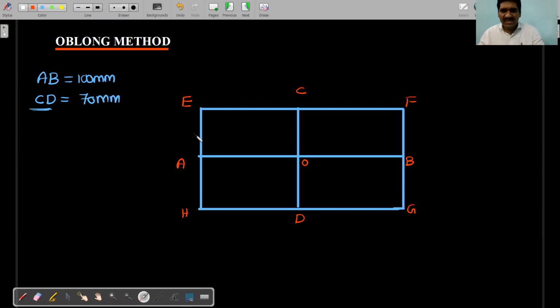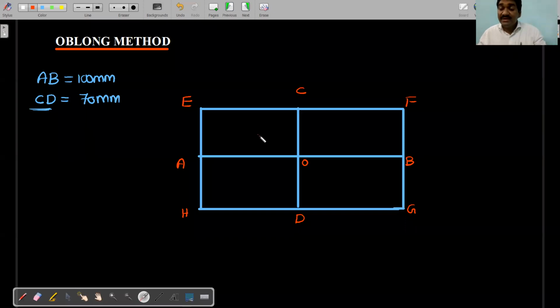I'm repeating once again: we have to divide AO and AE into an equal number of divisions. If you are dividing AO into 4 divisions, we have to divide AE also into 4 divisions. If you divide AO and AE into 4, or 5, or any number of divisions, in this region we can definitely get the ellipse.